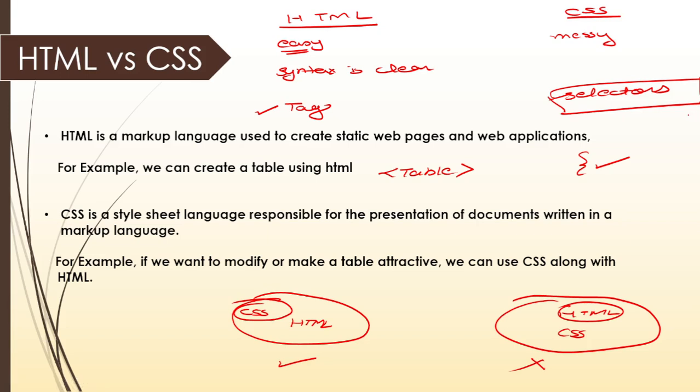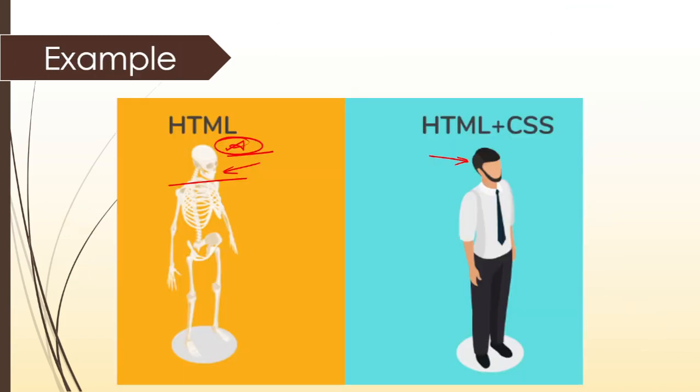The next point I would like to add is that HTML is used to create web pages. With the help of HTML, we can create the web page, whereas CSS controls the layout and styling of web pages. With HTML we can create a basic layout.